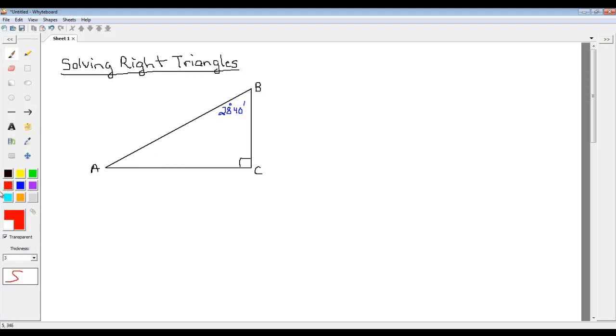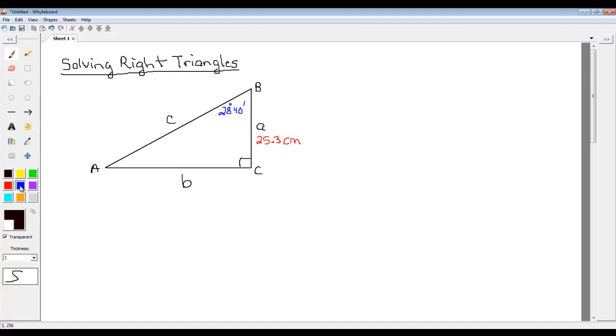When we're labeling these, if this is angle A, then right across from it we'll call side A. If this is angle B, right across from it we'll call side B. And if this is angle C, right across from it we'll call side C. So we know that side A is 25.3 centimeters. From just this information, we're going to figure out all of the rest of the values: the other angle, and sides B and C.